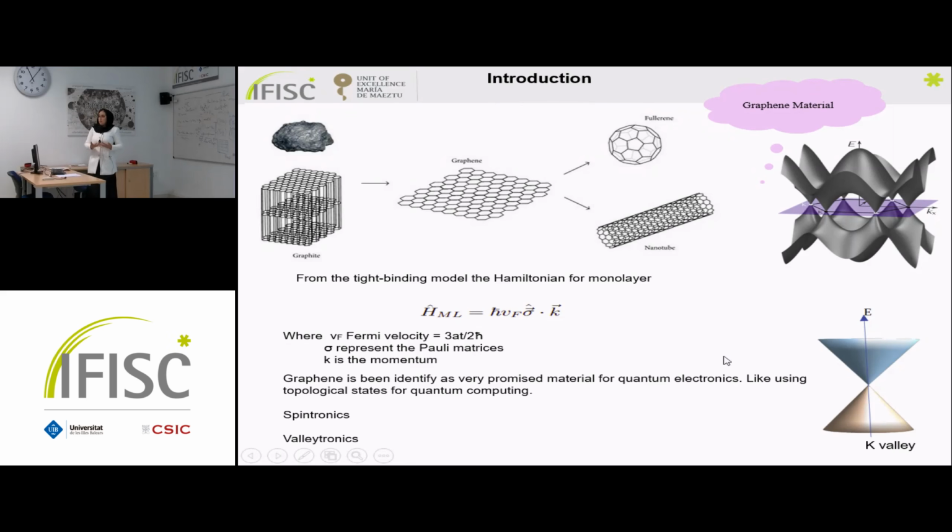In early research, graphene was identified as a very promising material for quantum electronics, like using topological states for quantum computing. In spintronics, we use the spin degree of freedom as an information carrier. Another very good property of graphene is that we can use the valley degree of freedom as a tool for information, and this is the area of valleytronic applications.